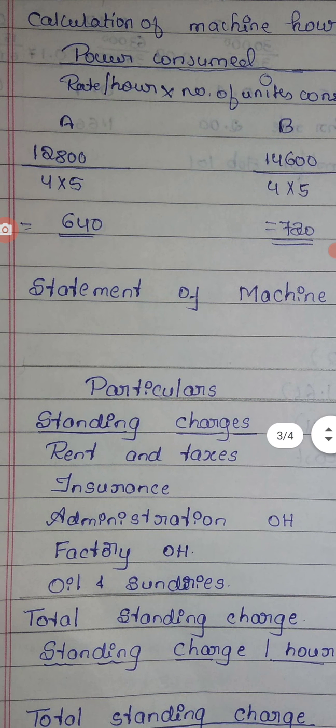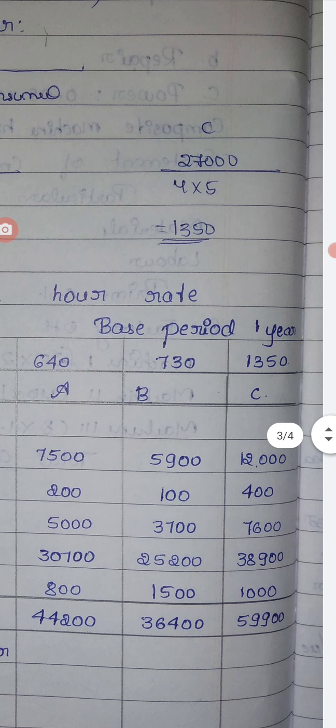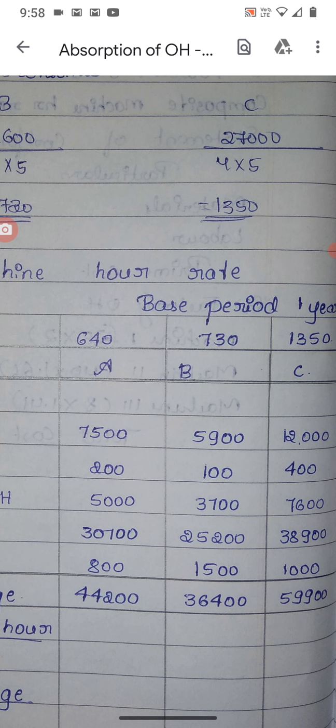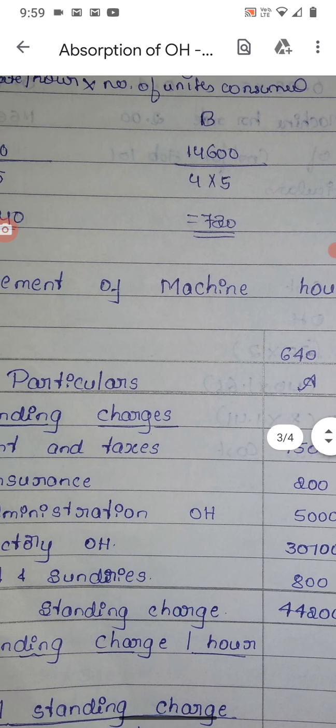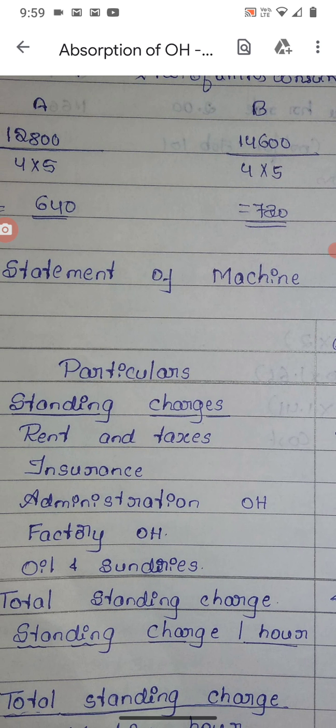Then we have to write in this particular format. If it is one machine, then two amount columns are needed, but in case of three machines there is no problem, one amount column is sufficient. So A, B, C machine hours on top, and then standing charges or fixed charges. We say fixed expenses or standing charges.